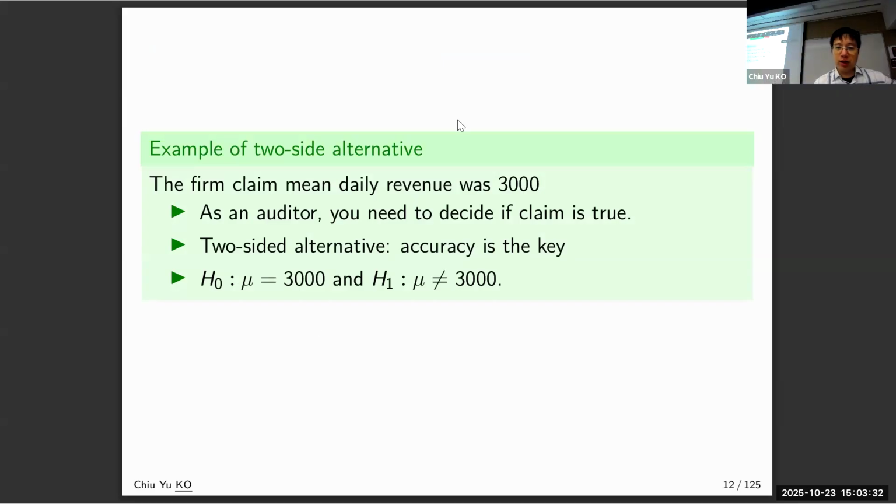So the alternative is not equal, because more than or less than, you would say something, right? So that's why that's the case. Is that okay? Remember, our null is always equal. Our null is always equal. Is that okay?